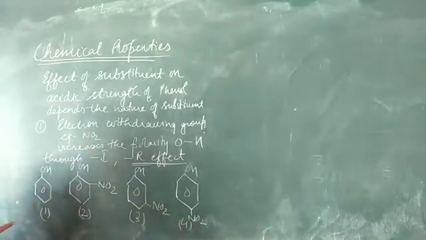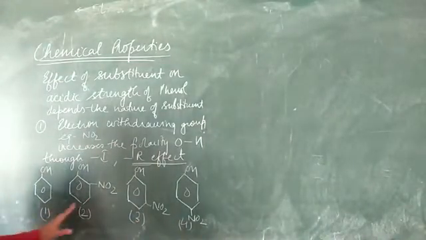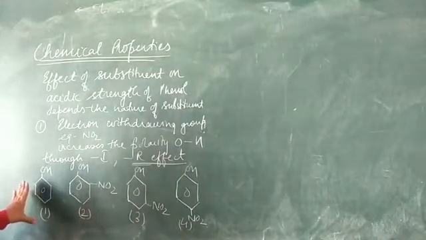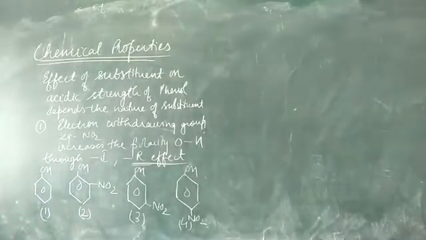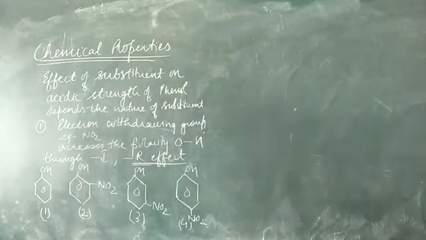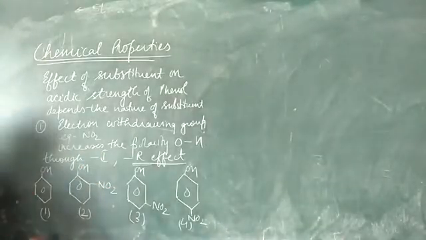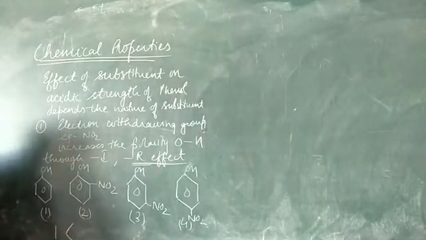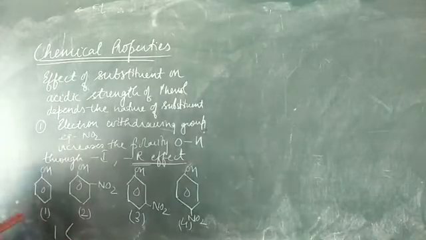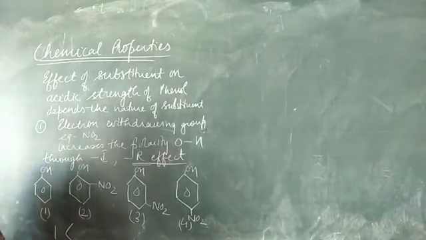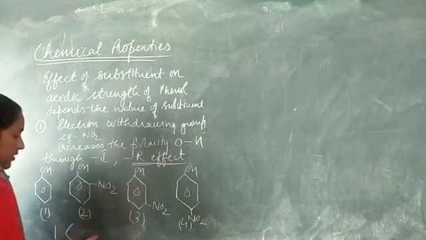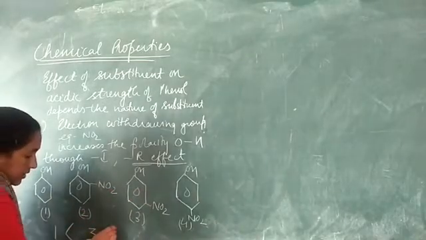Now students, here the electron withdrawing group is not present in phenol, right? That means it is going to be the weakest among all of these, so we will place it as 1. Now next comes the meta position, that is the third position.